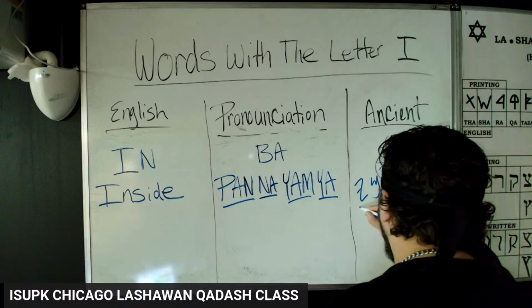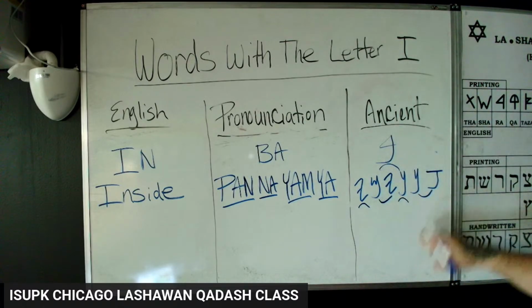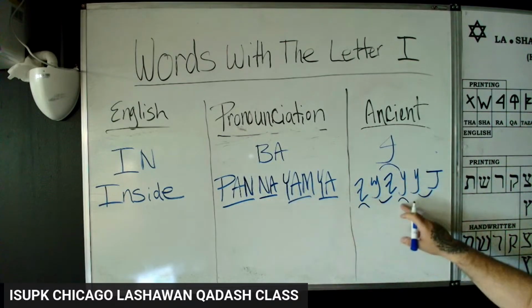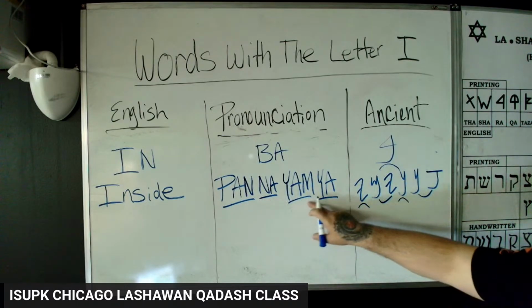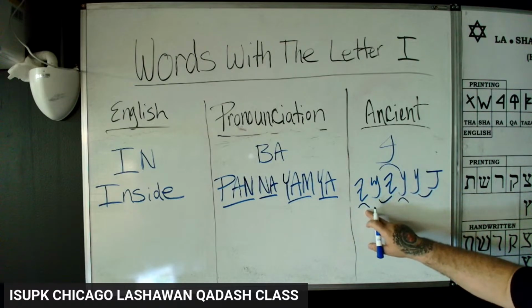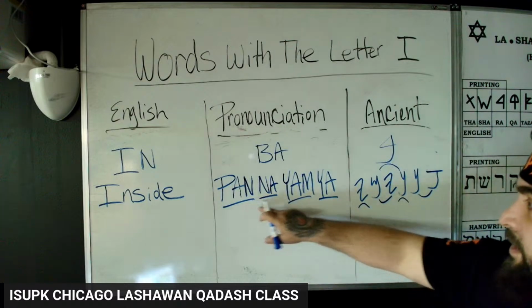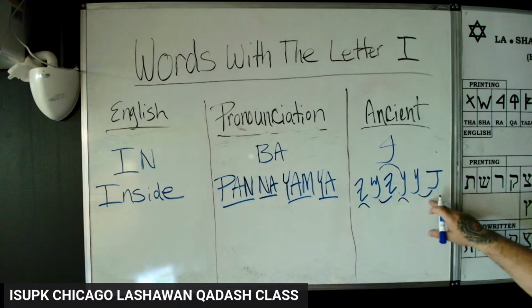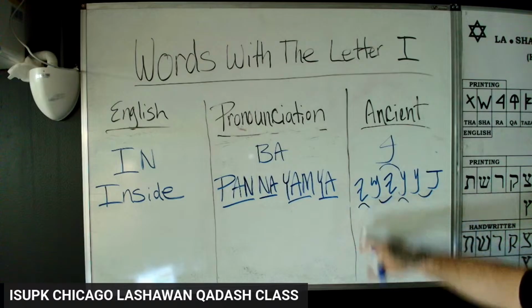You got na. You got yam connected. Ya and ma connected. Knock the A off. Then you got ya at the end. Pan, na, yum, ya.